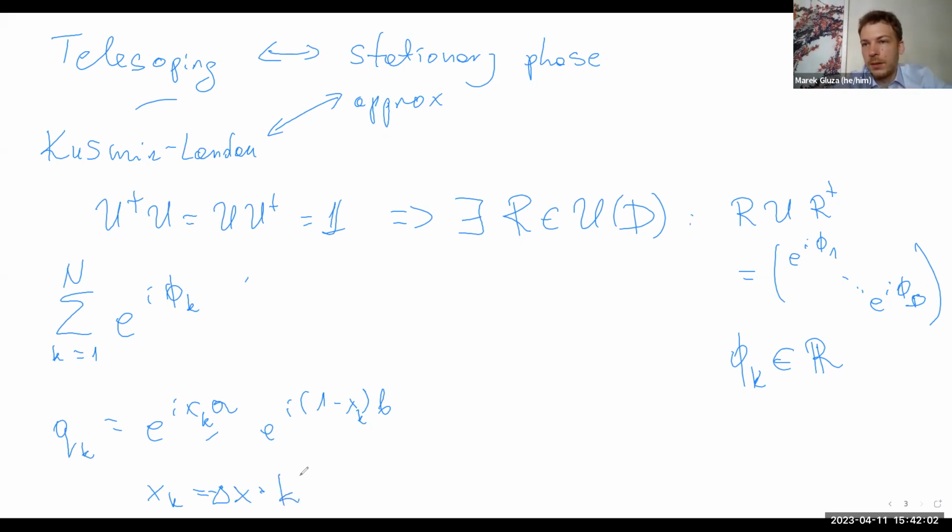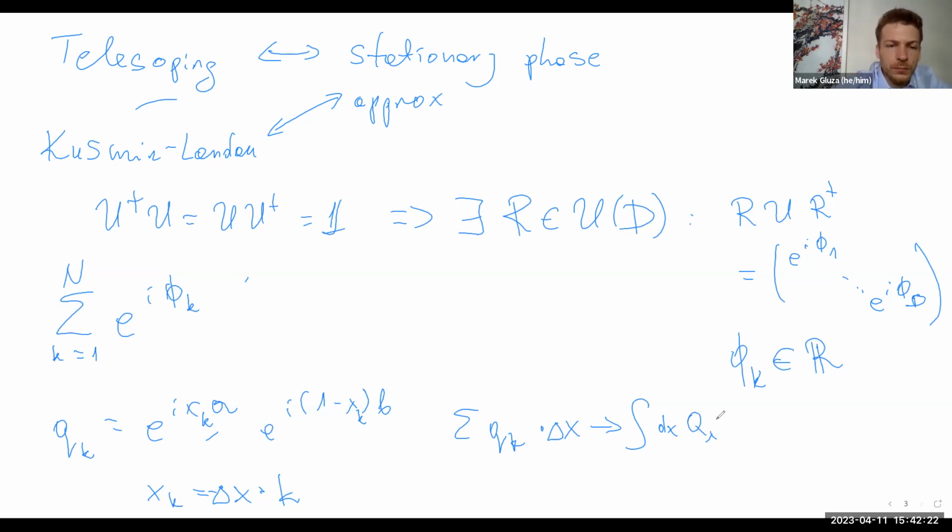Okay, just linearly going through, and then q_k times delta x would be going to the integral dx q(x) at some point.